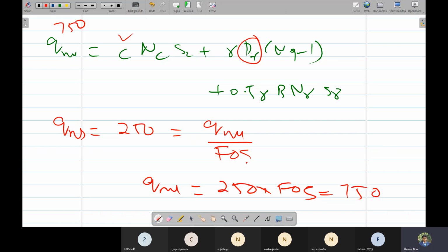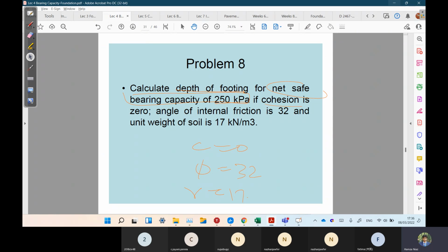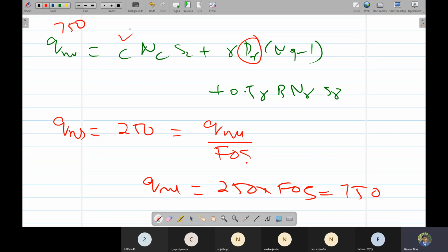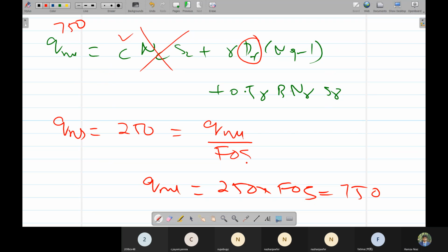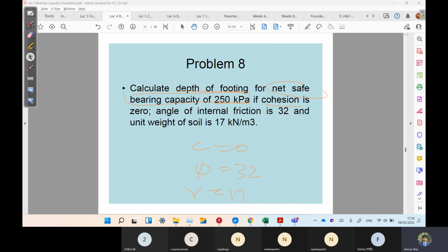We know C is 0, I think. Yes, cohesion is 0. So this whole expression is cancelled. We know B value, and phi is given as 32. So we have to interpolate this phi value. We have to use phi for 30 degrees, phi for 35 degrees.